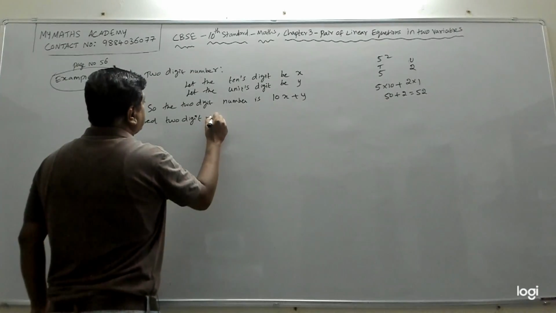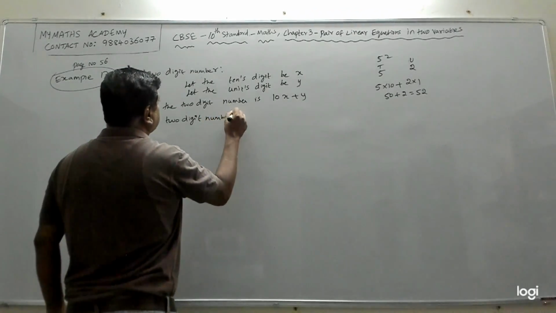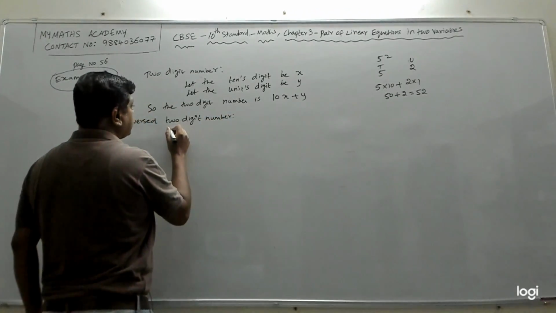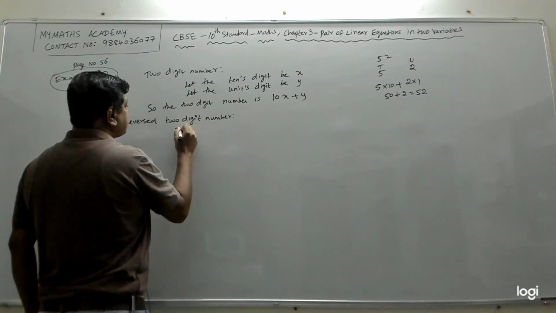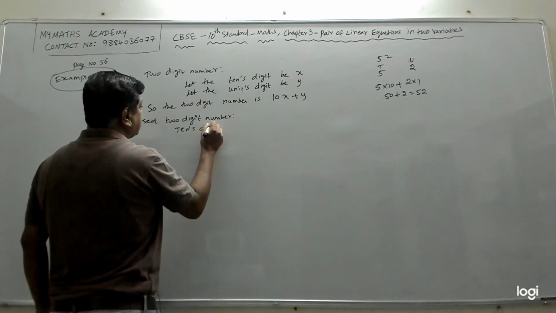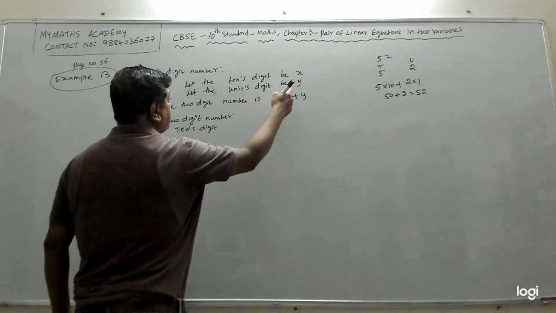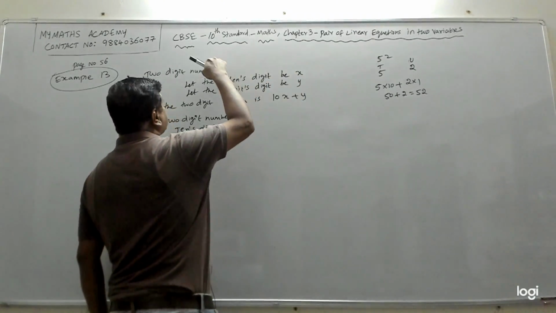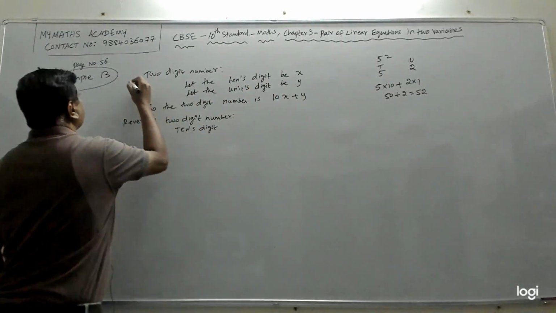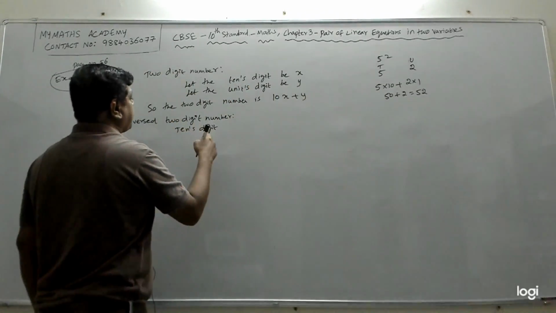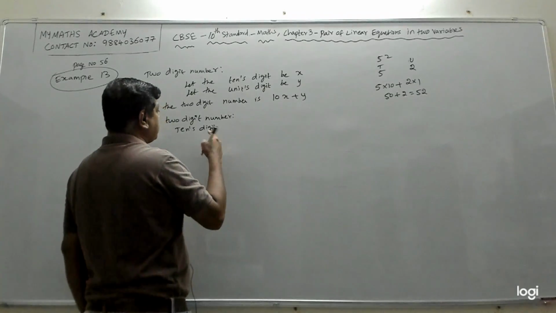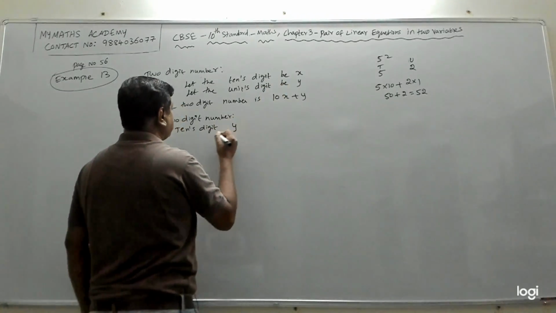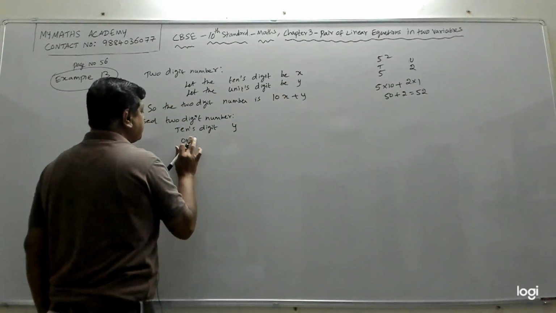So then what becomes its tens digit? When you reverse a number, the tens digit will be the ones digit of the original number. This is the original two-digit number, and this is the reverse number. So the tens digit of the reverse number will be y, and the ones digit will be our units digit.